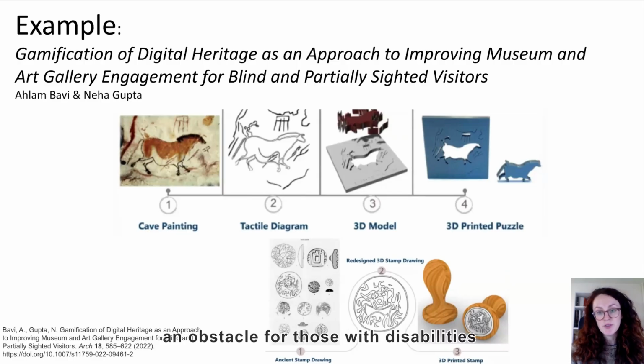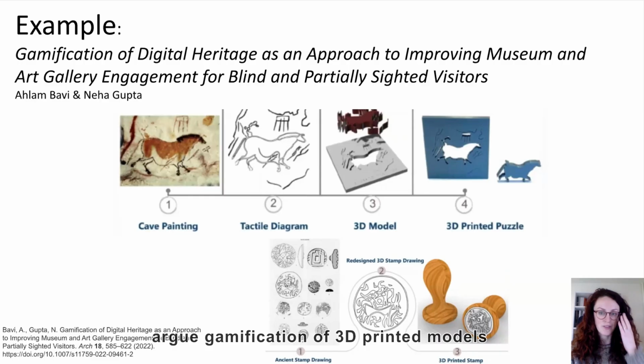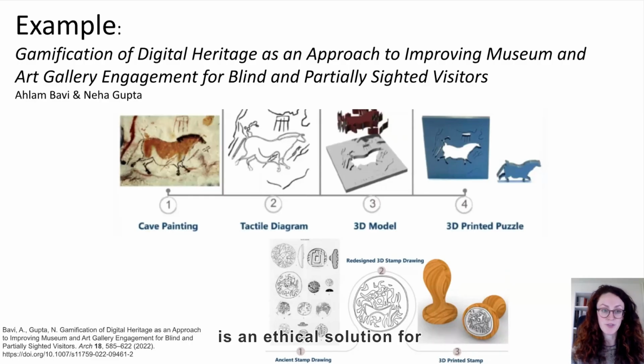Which is an obstacle for those with disabilities that require a tactile experience to interact with the heritage. So they argue gamification of 3D printed models is an ethical solution for this. And this can better provide an inclusive environment for people such as elders from Indigenous communities with reduced vision who want to handle heritage objects.